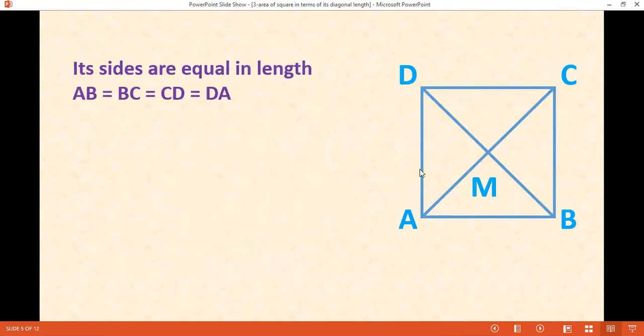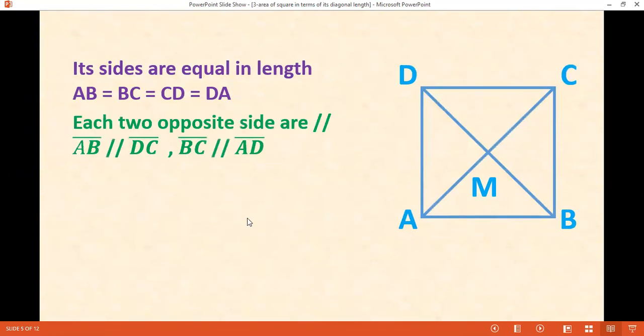As we know, in the square, all sides are equal. And this is the diagonal, as we know before in grade 5. Here, AB equals BC equals CD equals AD. And these are the two diagonals. Each two opposite sides are parallel to each other.